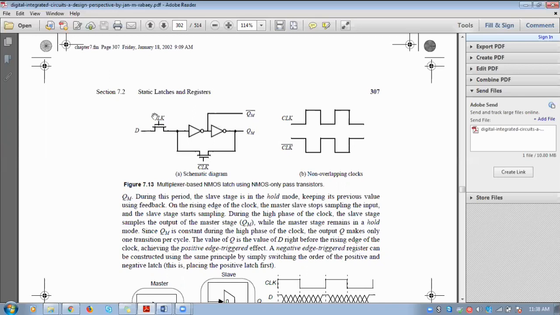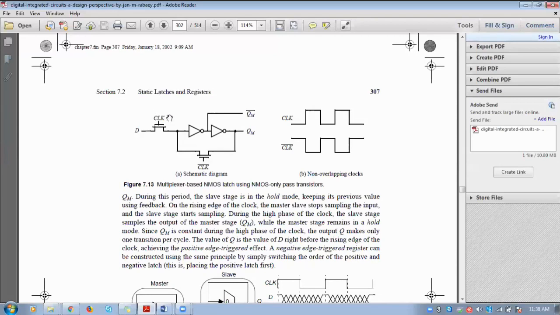So here you can see two transistors of both NMOS because it is a pass transistor design. One is connected to clock, another one is connected to clock bar. Now we have to see whether clock equal to 0 is going to obtain input directly to the output or clock equal to 1 is going to obtain D directly to the output. Initially we are trying with clock equal to 1.